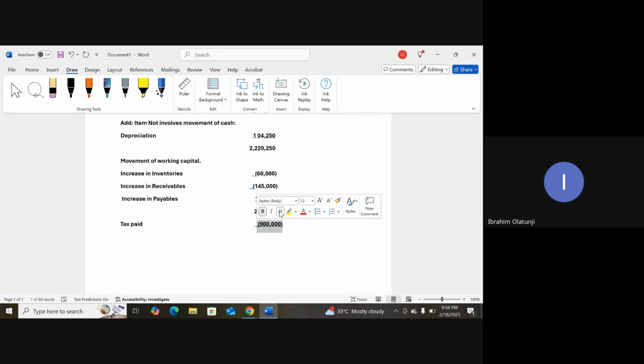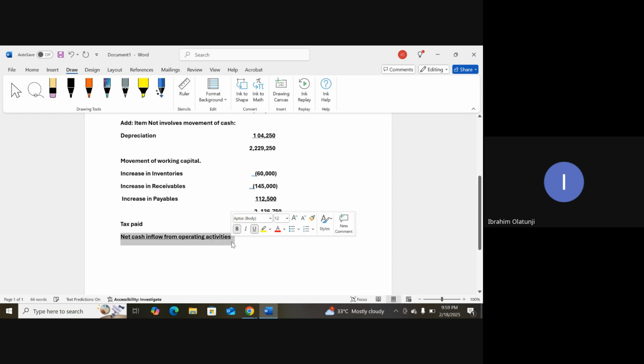When you subtract, what do you have? 1,236,750. Is it a positive answer? Yes. If it is positive, you say net cash inflow from operating activities.